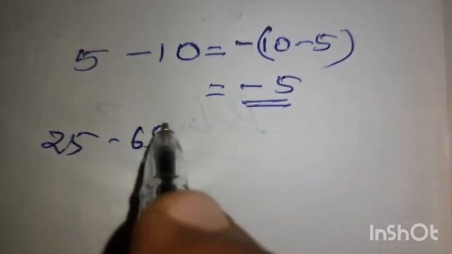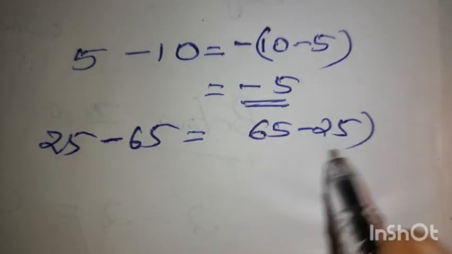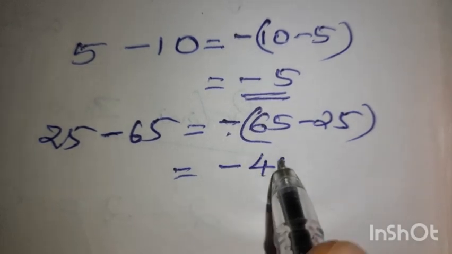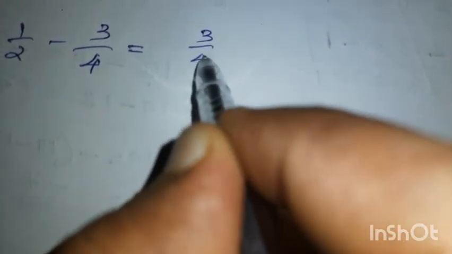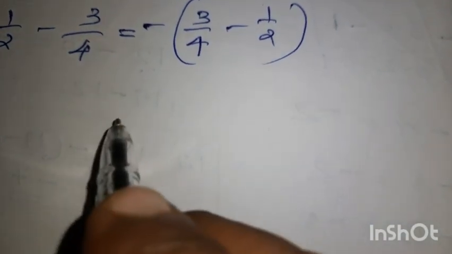25 minus 65. Larger to smaller, you have to subtract and keep the sign of the bigger number, minus. So minus 40. 1 by 2 minus 3 by 4. From a higher number to lower number, you have to subtract and keep the minus sign.